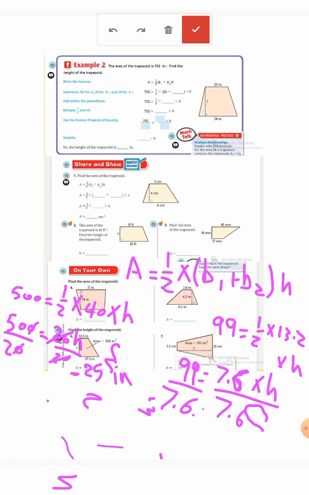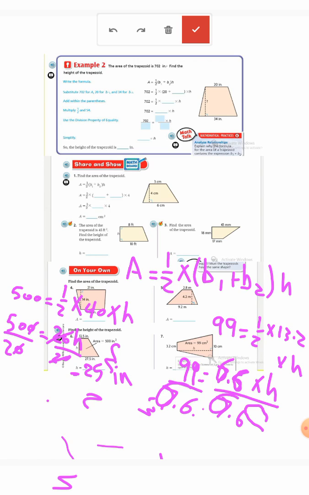To find the height here again, we have to use this one again. I'm sorry, here we have 6.6. So we are going to divide by 6.6. So that here we are going to find the height.